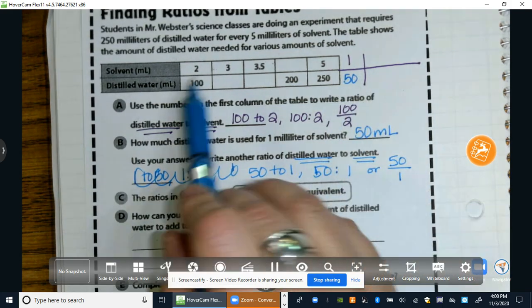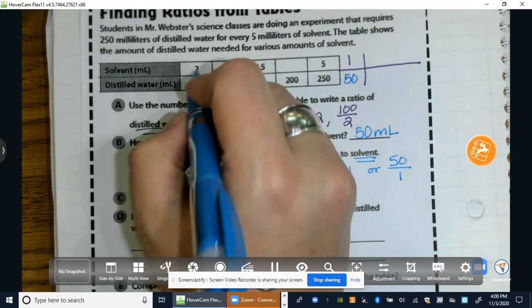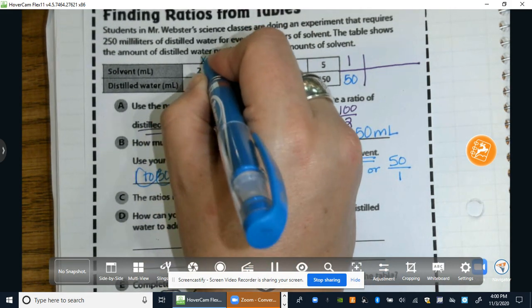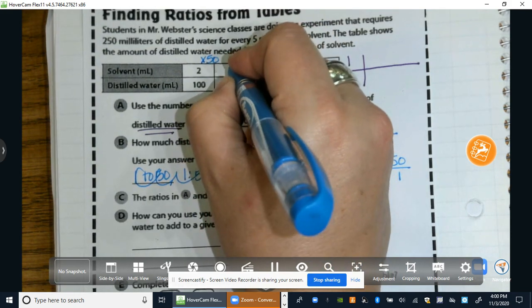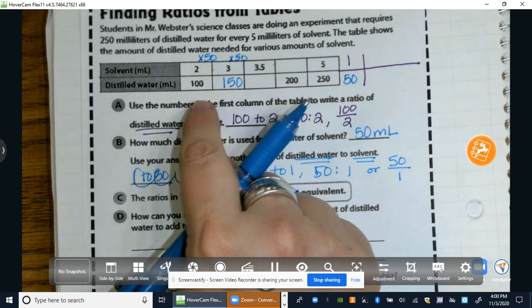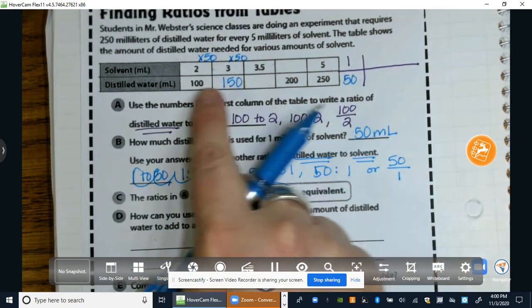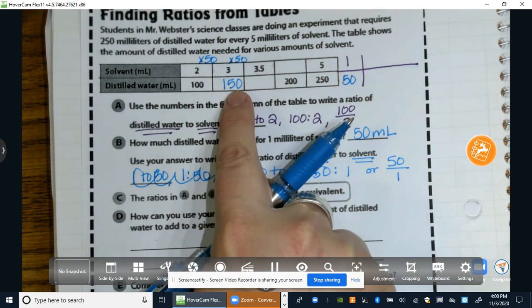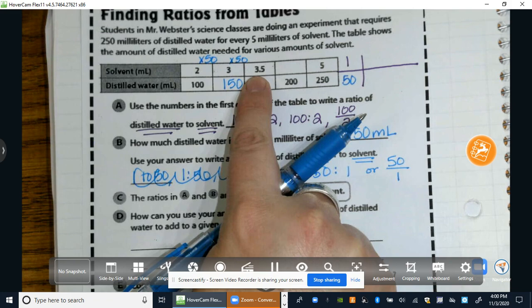Okay, so let's finish the table right here. I know I went from 2 to 100 by multiplying by 50. So for 3, I would multiply 3 by 50, and that would give me 150. Or I can say, 2 plus 1 gives me 3, so 100 plus 50 gives me 150. Now this is 3.5, okay?